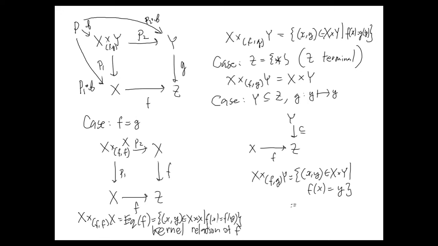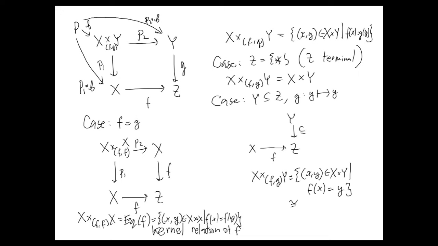So up to bijection. This is the first time we're going to replace the pullback we named in the general case with its bijective version. In all the other cases so far, we still wanted to keep the same presentation of the pullback. What is this set bijective to? If you think about this parametrically, you've got two parameters, x and y, but then you're saying that f of x equals y.